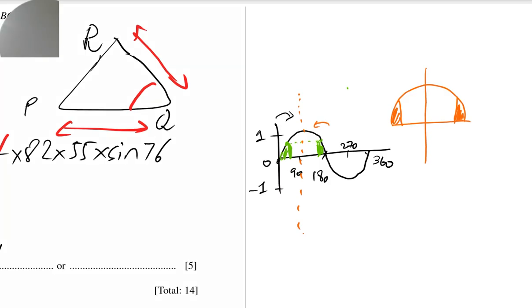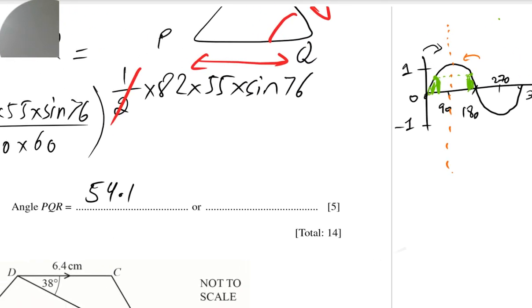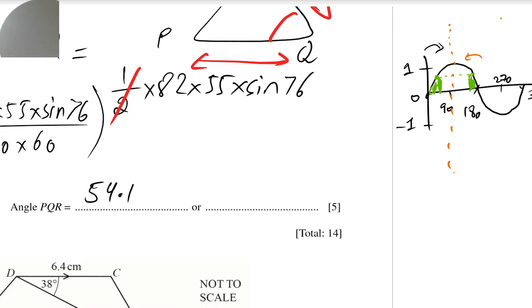So our other value would be 180 minus 54.1, that is 125.9.